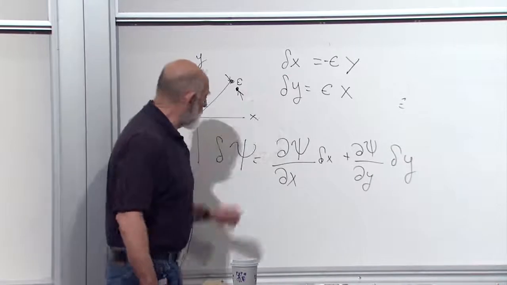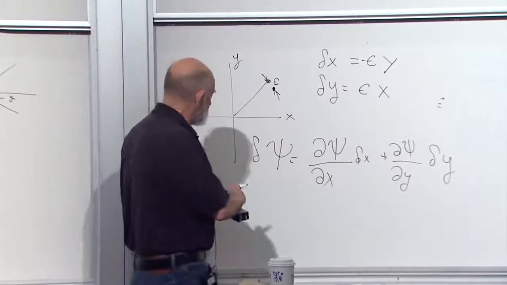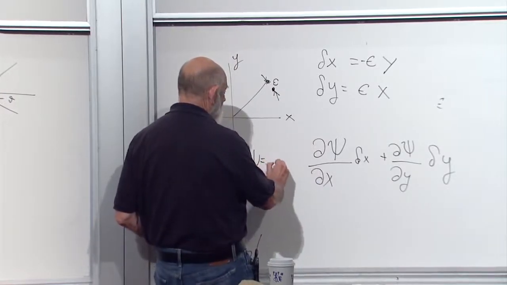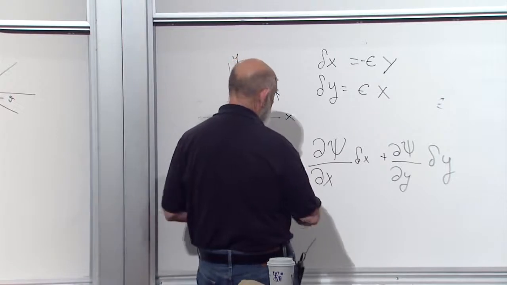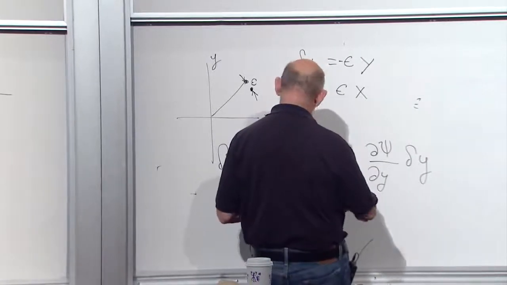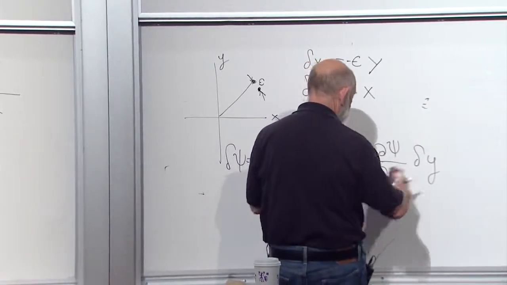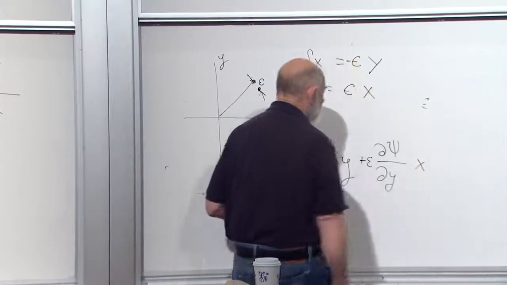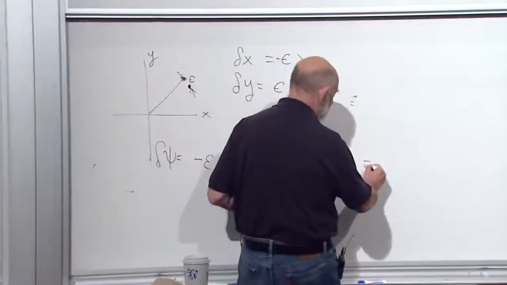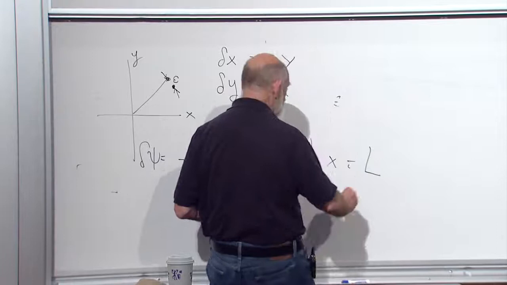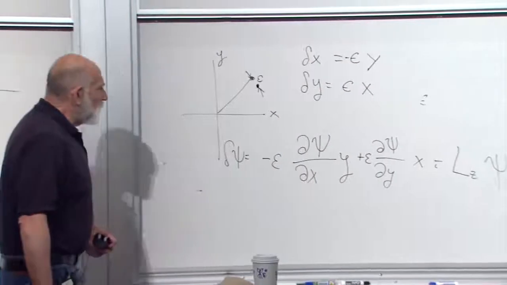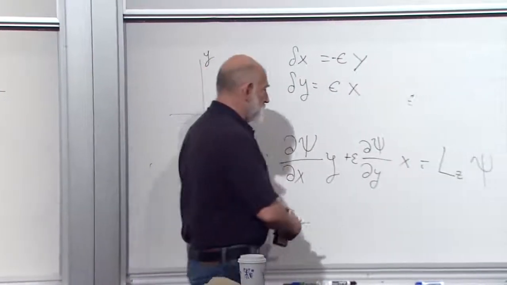But delta x is minus epsilon times y. Minus epsilon times y. And this is plus epsilon times x. That's the change in the wave function. And of course, this must be, by definition, I guess it's L sub z times psi. So, i epsilon times Lz.